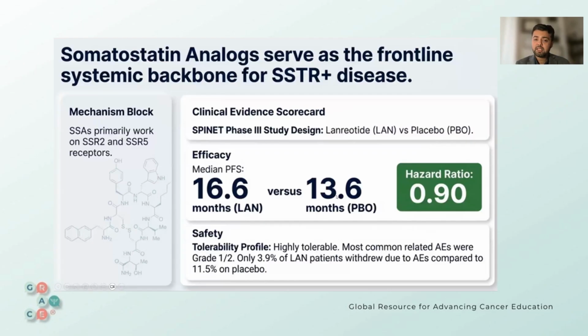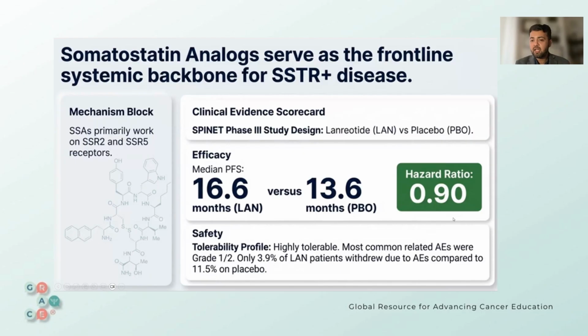However, if the same patients receive lanreotide, then the median progression-free survival, which means the average survival without progression seen in your disease, would be 16 to 17 months, which is many months more compared to not taking any treatment.